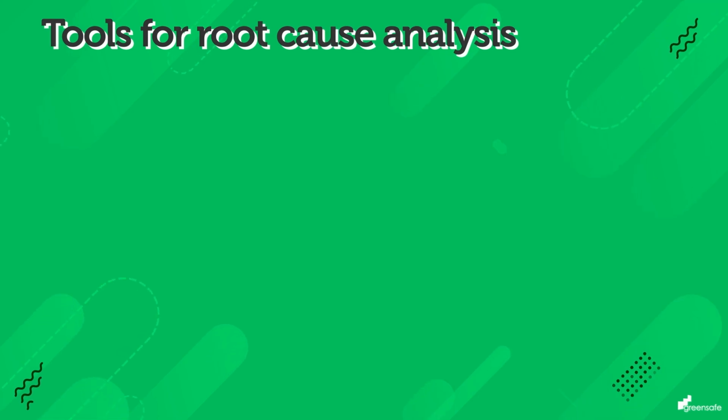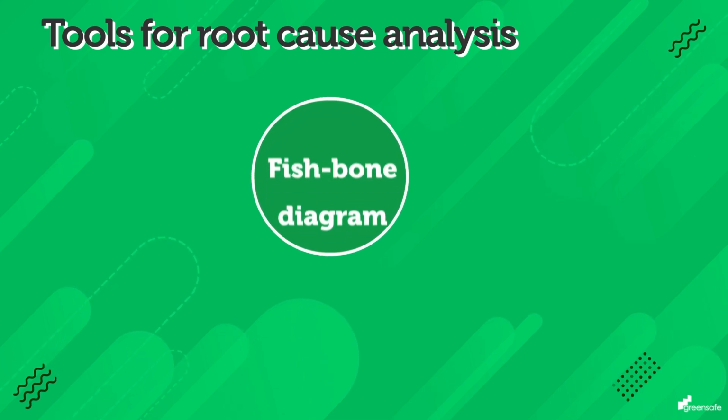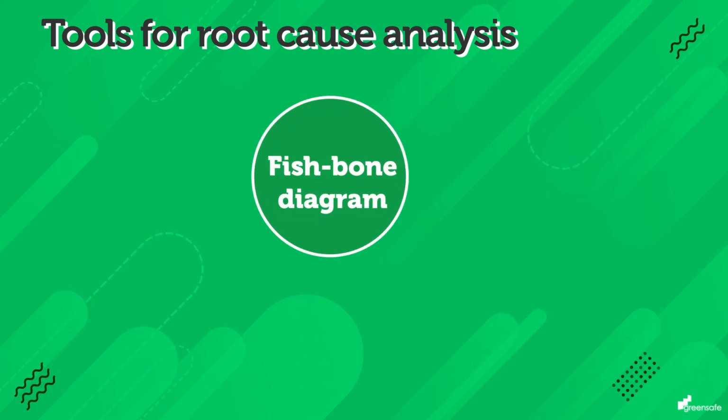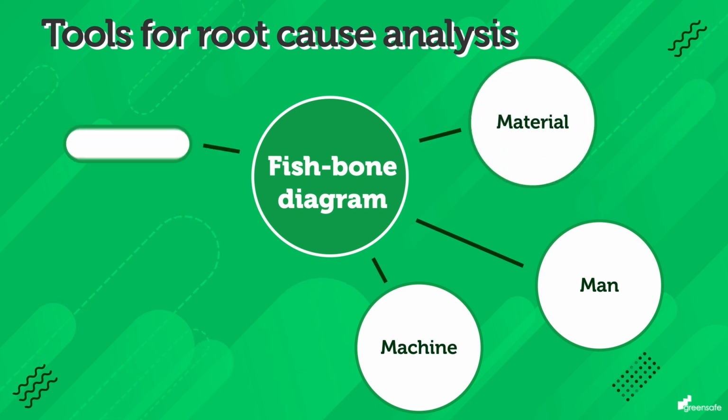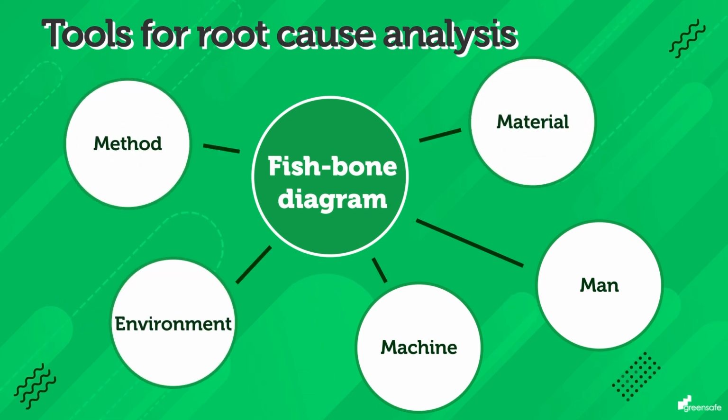There are a variety of tools that aid the complex process of root cause analysis. This course will discuss 3 of them. The first is the fishbone diagram. It consists of 5 elements: men, machine, material, method, and environment.